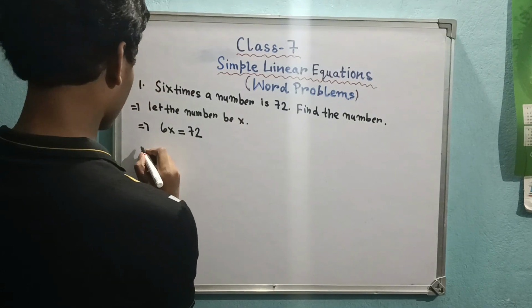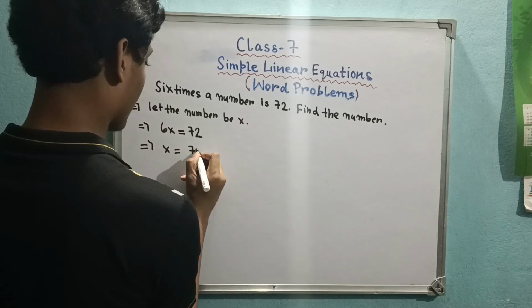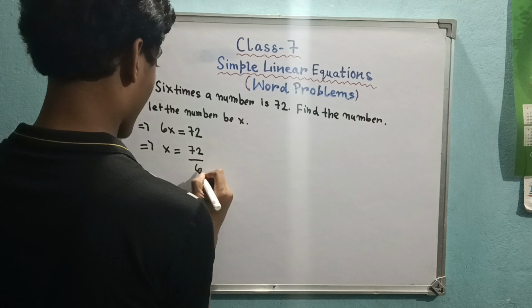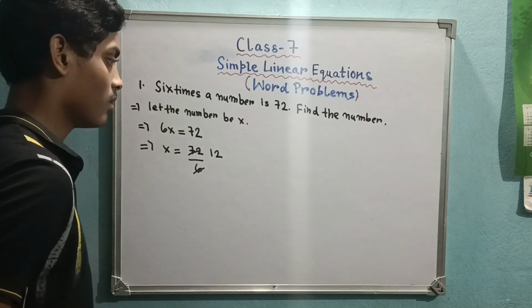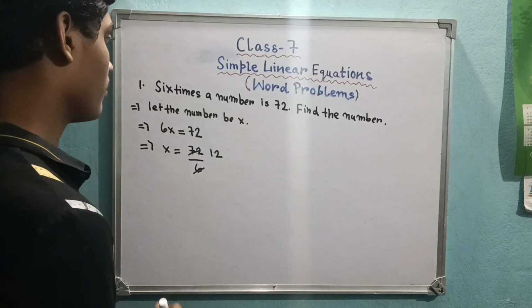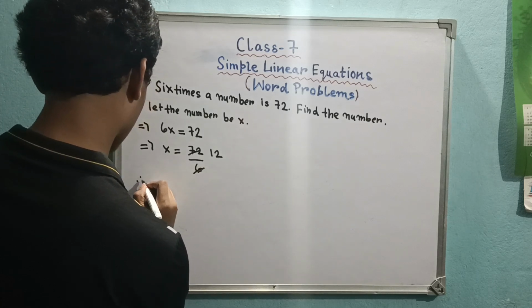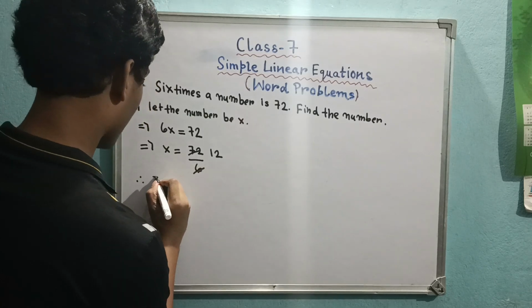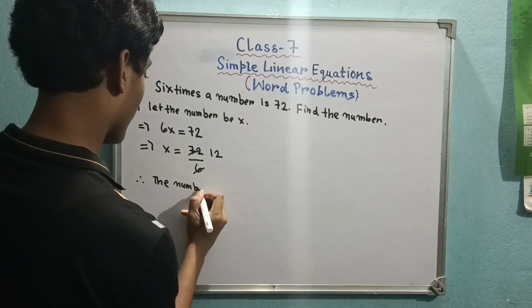Now, easy. x will be equal to 72 by 6, and that is equal to nothing but 12. So friends, the answer of the first question is 12. Now x is equal to 12. Therefore, now write the statement. This is the main thing. Write this at the end. The number is 12.